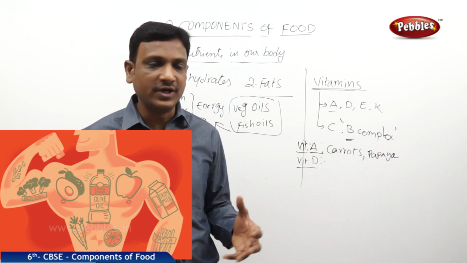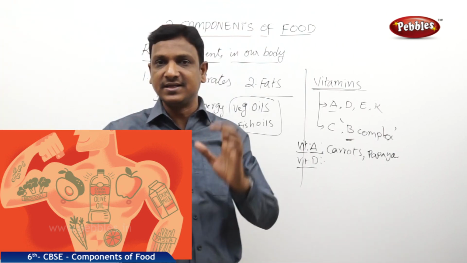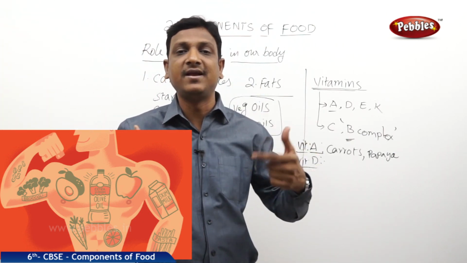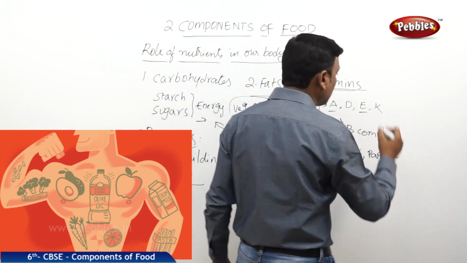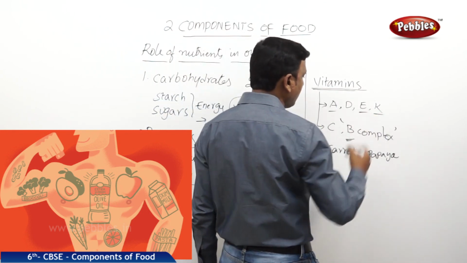Sun is not giving you any vitamin. Because of the sun, your body is making vitamin D. And vitamin E is also helpful for the growth of certain parts of your body, and vitamin K.